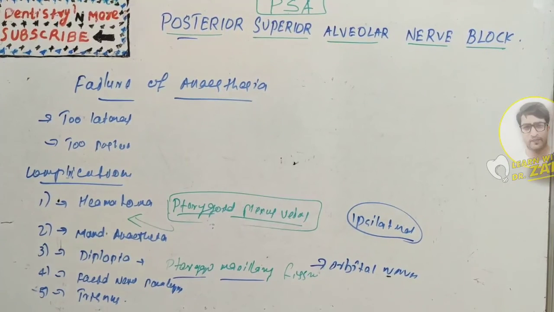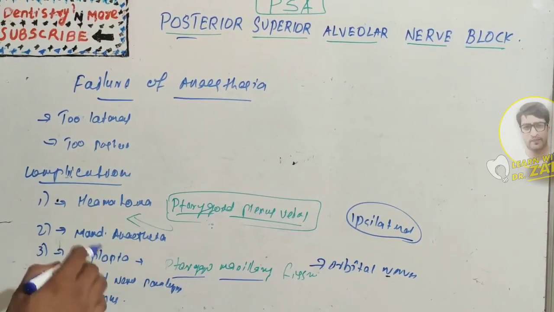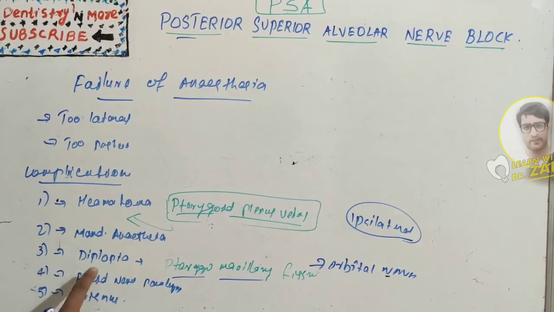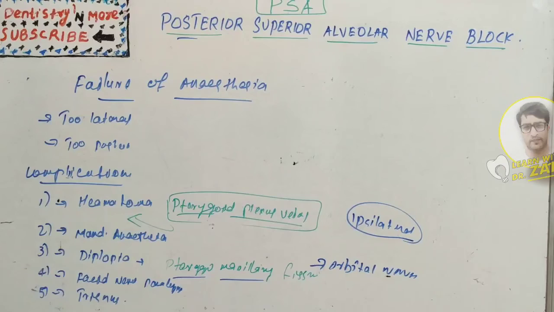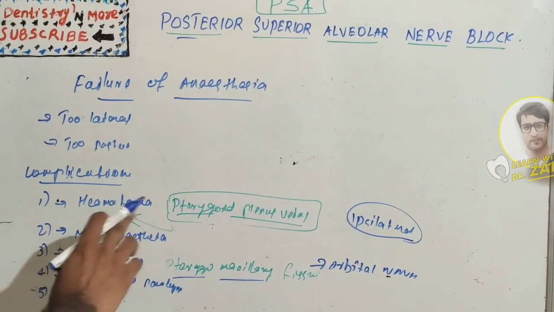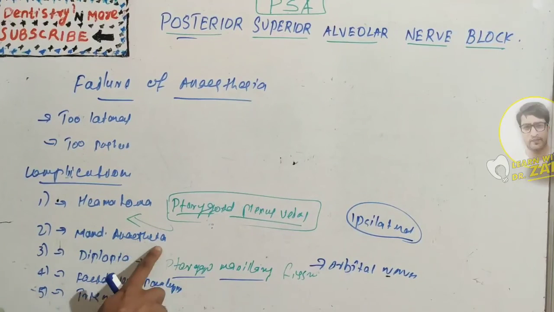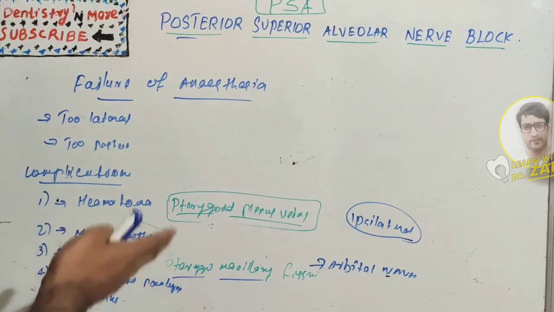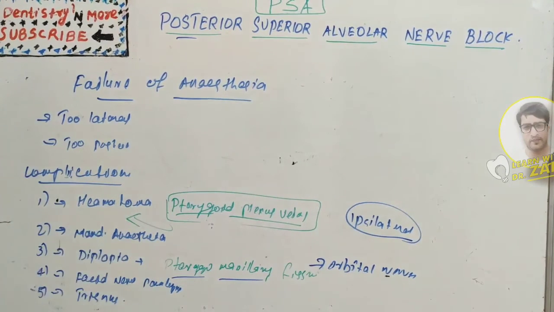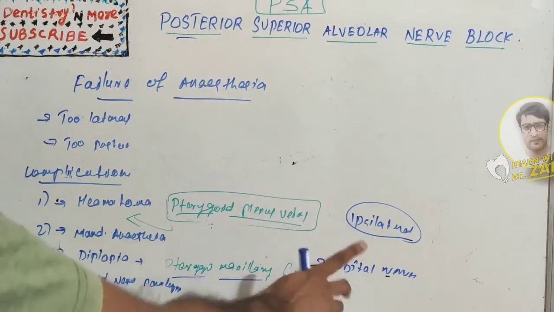So PSA has many complications such as hematoma, mandibular anesthesia, diplopia, facial nerve paralysis and trismus. You need to explain how each is happening. Hematoma is associated with the pterygoid plexus of veins. Mandibular anesthesia occurs when it is injected too laterally, reaching the mandibular nerve. Diplopia is associated with the pterygomaxillary fissure and orbital nerves.